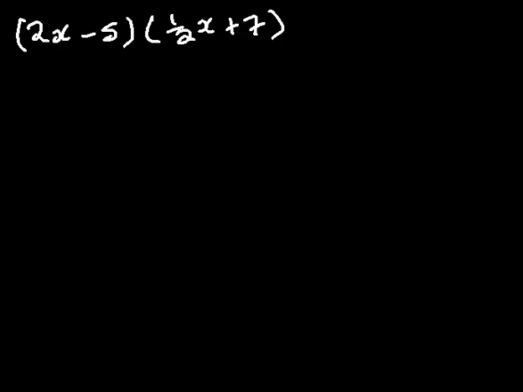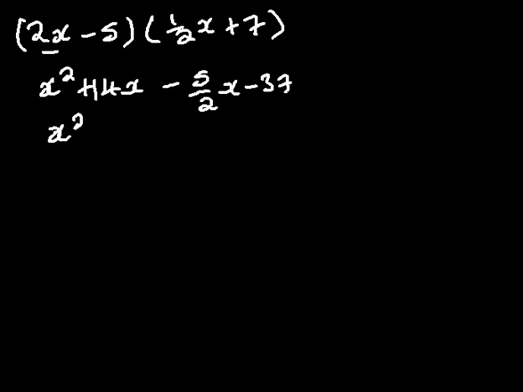So 2x times half x should be x squared. And 2x times 7 is 14x. And negative 5 times half x will be negative 5 over 2x. And negative 5 times 7 should be negative 35. So have negative 35.